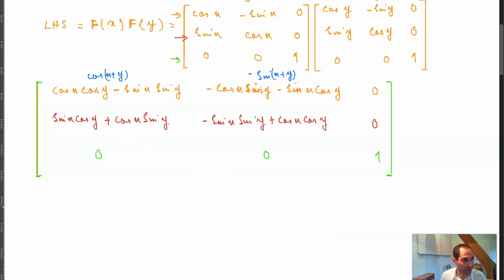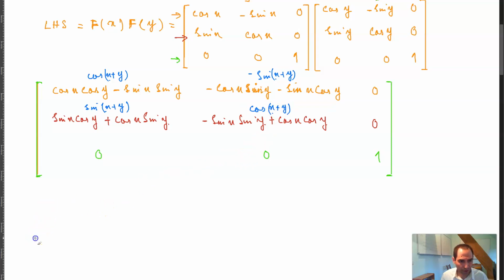And over here you have sine x cos y plus cos x sin y, so that's the same thing as sine of x plus y. Over here you have cos x cos y minus sine x sin y, that's cos of x plus y.